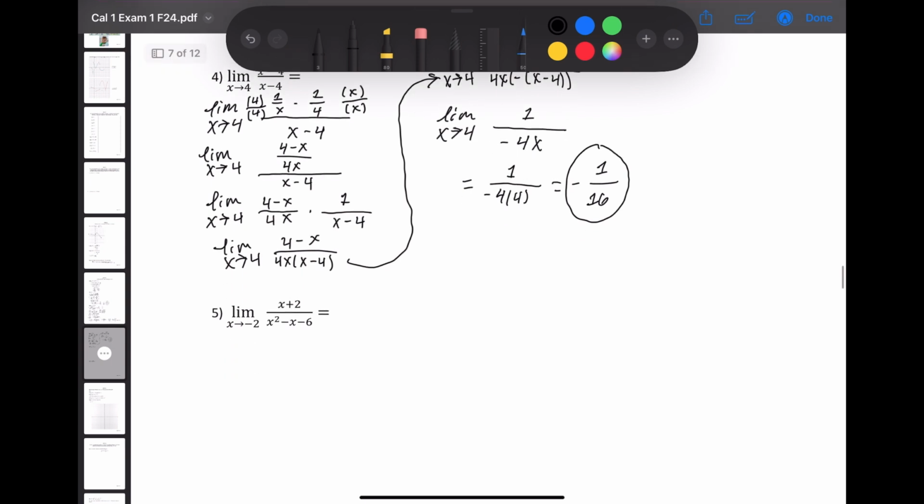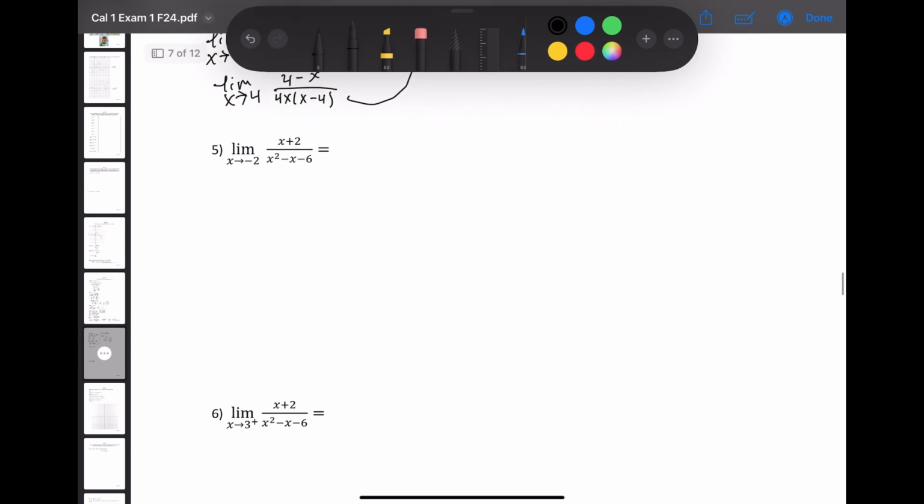And then moving on to limit x approaching negative 2, x plus 2 all over x squared minus x minus 6. All right, so we're going to go ahead and factor this out.